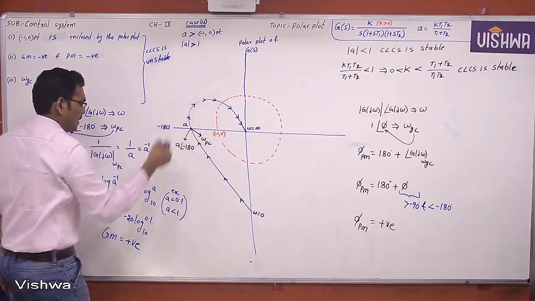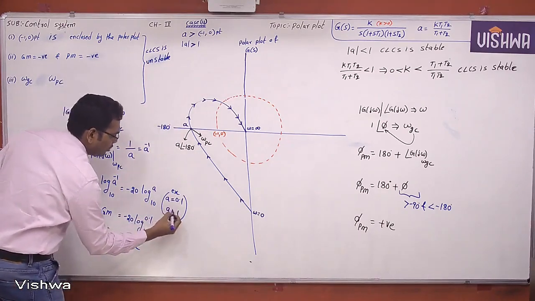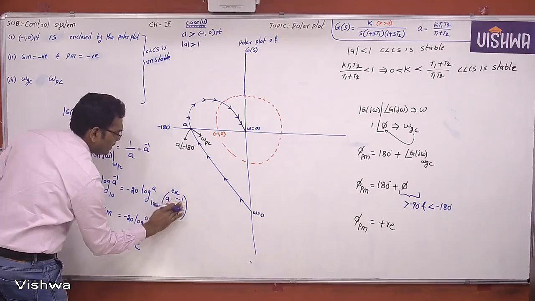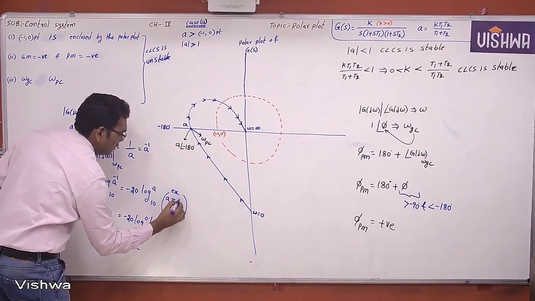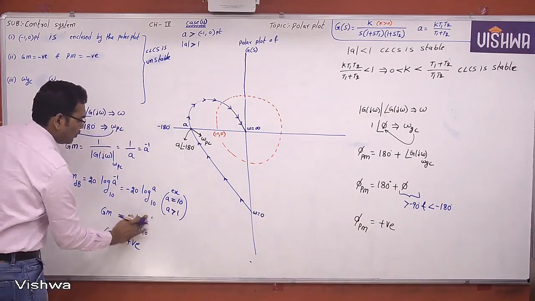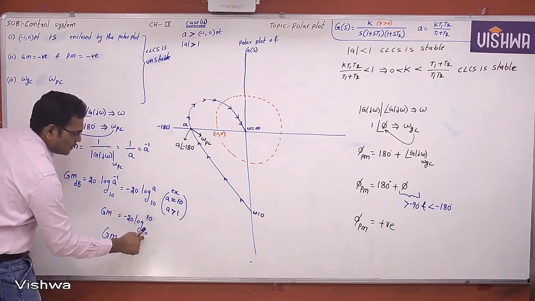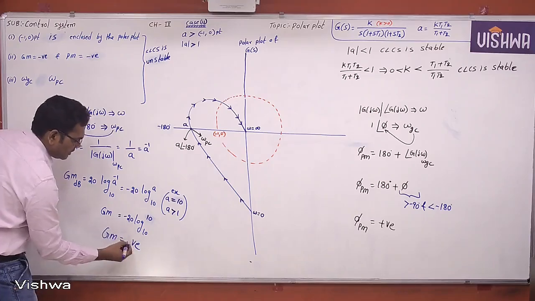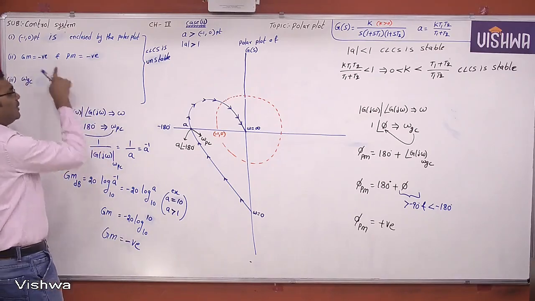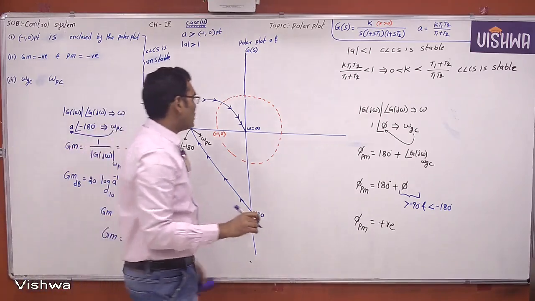Here the example is A greater than 1. Let us take A equal to 10. If you take A equal to 10, what happens? Because A is greater than 1, log 10 base 10 is 1, so minus 20. Then what is the gain margin? Negative. Am I not right? Now see the phase margin also.